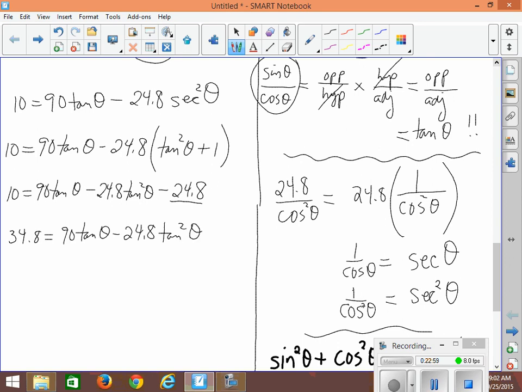If I move all the terms to one side, I will end up with 24.8 tan squared theta, and that's going to become positive as I move it over, minus 90 tan theta plus 34.8. I always get a little nervous when the c term in my quadratic equation is positive, because that could mean possibly an imaginary root.